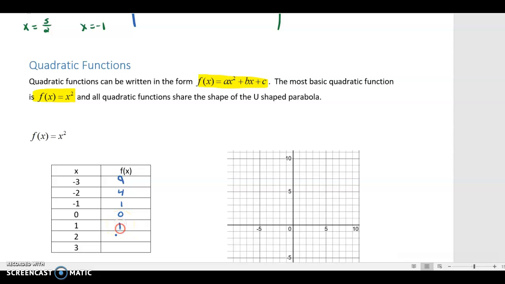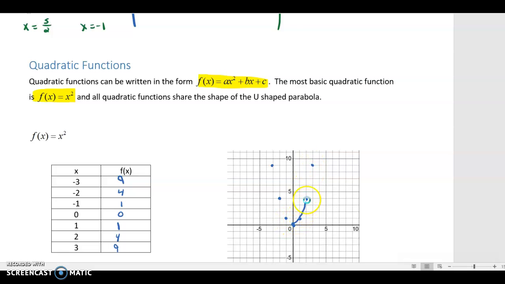Excuse me, 0 squared is 0. 1 squared is 1. 2 squared is 4. And 3 squared is 9. So this gives me sets of x, y points that I can plot. So negative 3, 9. Negative 2, 4. Negative 1, 1. 0, 0. And so forth.